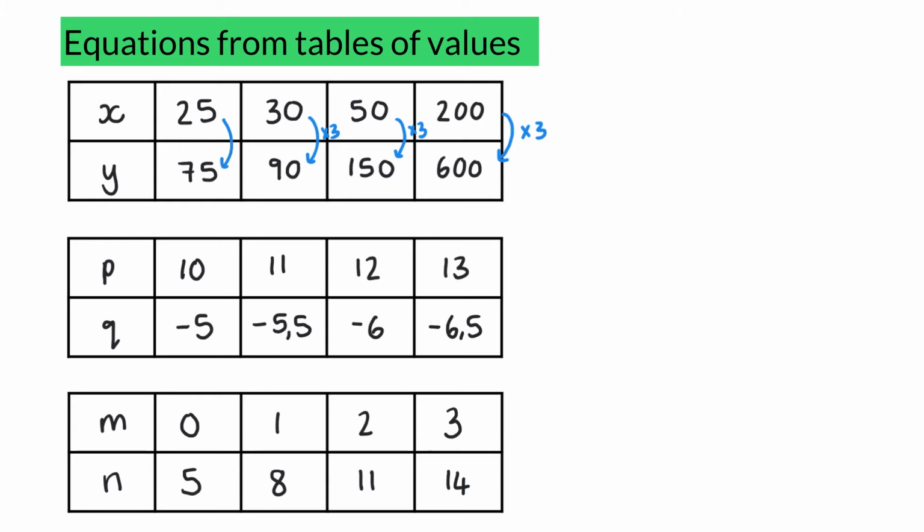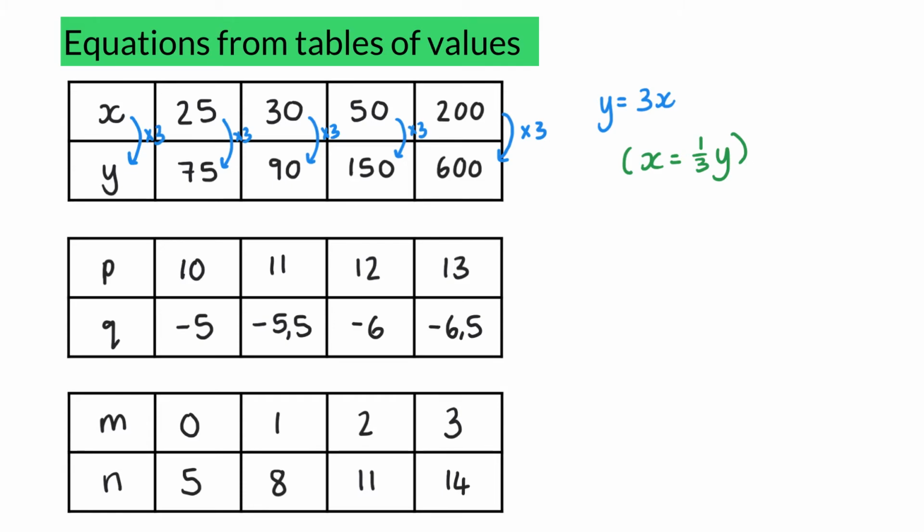And 25 times 3 is 75. So surely to get from x to y, I'm timesing by 3. So my equation will be y is equal to 3 times x. It would also be correct if you said x is equal to a third of y.